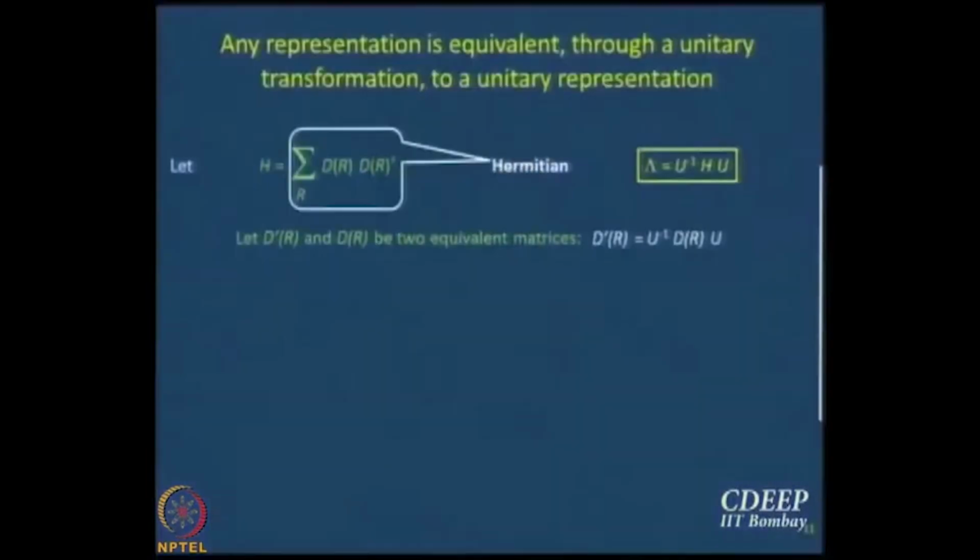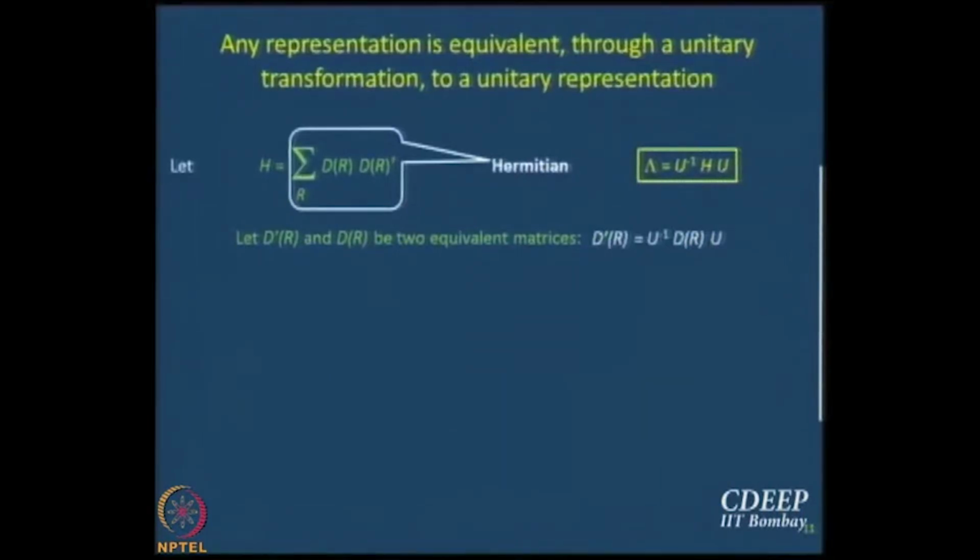D prime r is a little less innocent, because d prime r is obtained by the similarity transformation of dr, right. Of course, anybody can call my bluff at this point and say that it is also possible to get dr by a similarity transformation of d prime r.